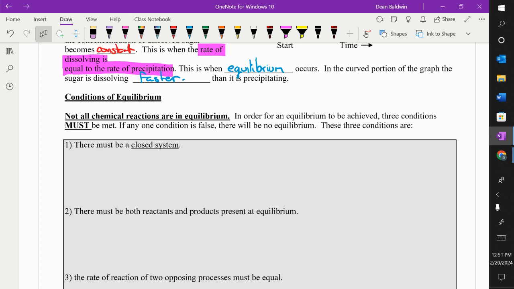You need three things. It must be a closed system, so you can't have any exchange of mass or energy with the surroundings.